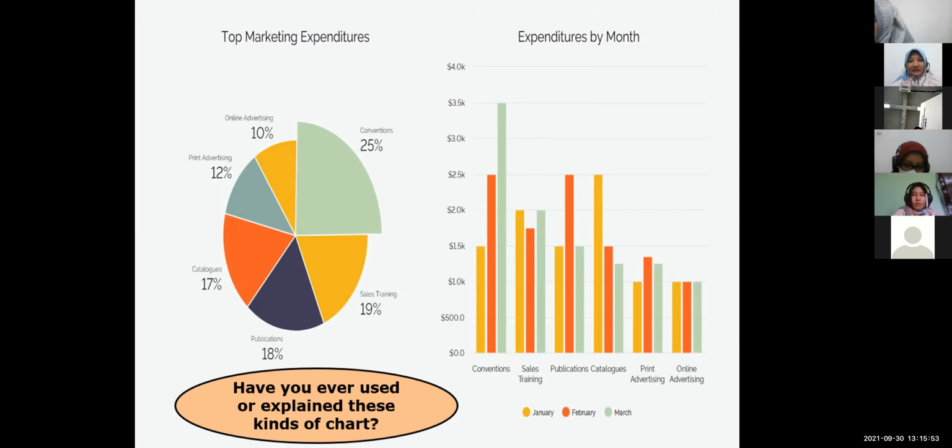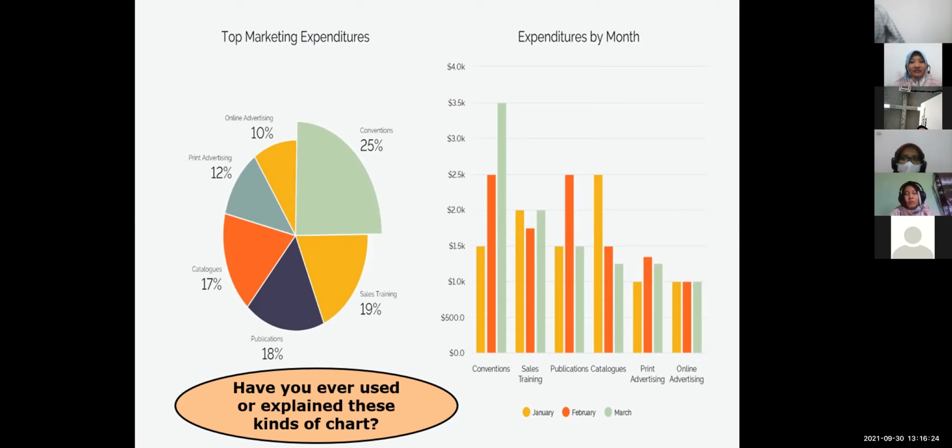So, using a chart, we can explain almost everything, like about students, about marketing, about the income or outcome. The advantage or benefit of using a chart is that we do not need to explain in a long paragraph.